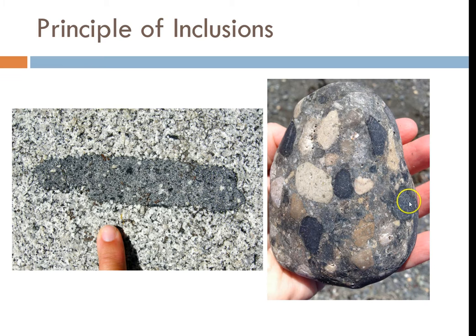So this rock right here is older than the whole. This dark area in here is older than this big one. And in class, we've looked at the mantle xenoliths, the lovely chunks of peridotite inside of basalt. It's the same thing. So the peridotites are going to be older than the basalt that they're in.